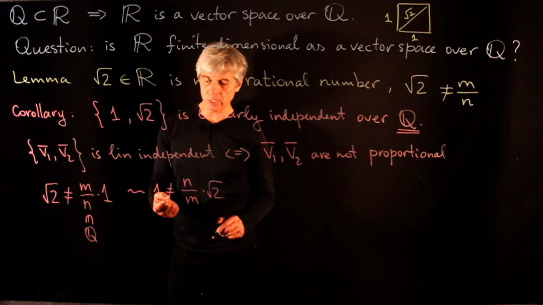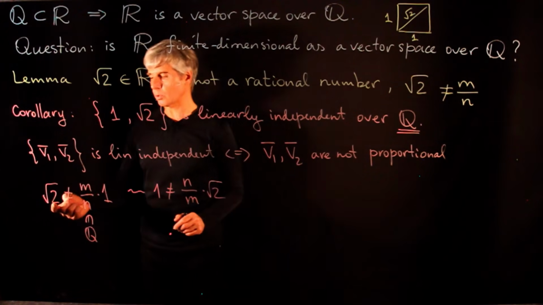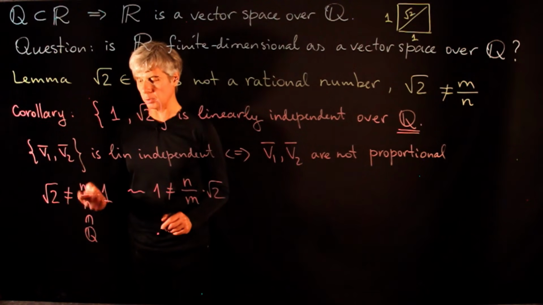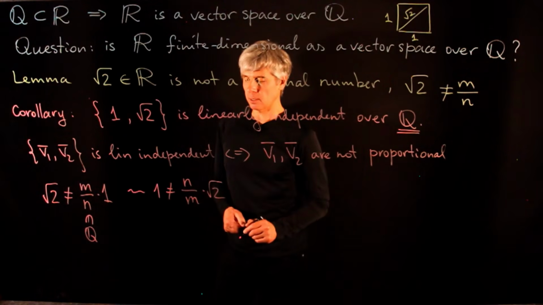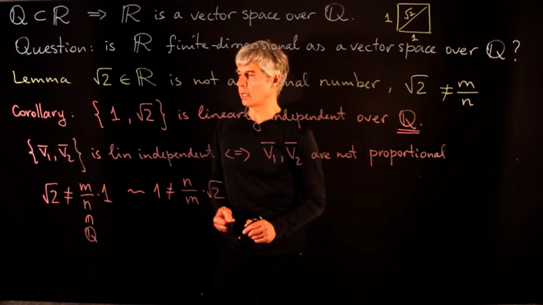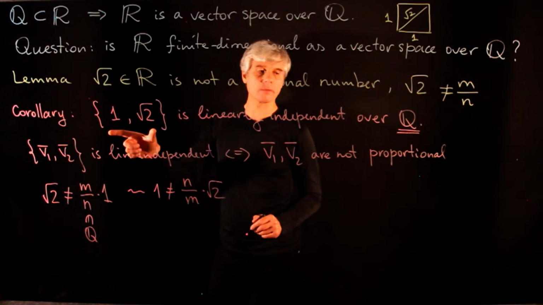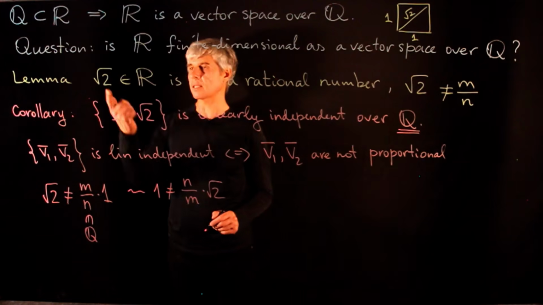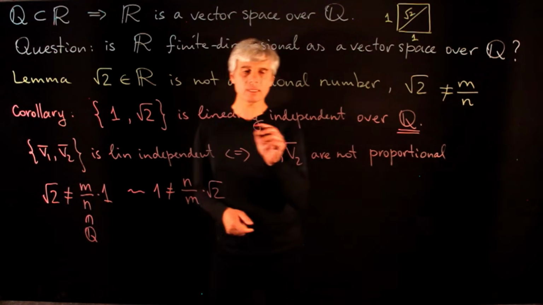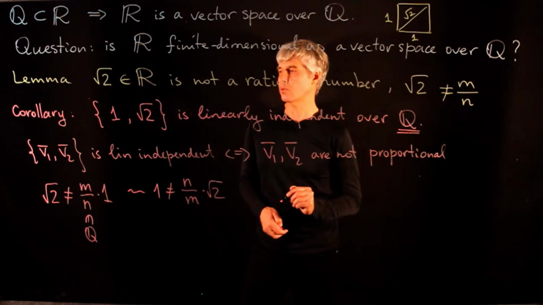So this means that neither is square root of 2 a rational multiple of 1, nor is 1 a rational multiple of square root of 2. And this tells us that this set, a subset of the set of real numbers, is linearly independent over Q.